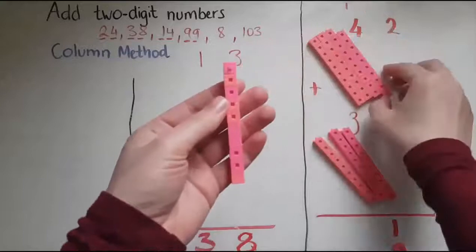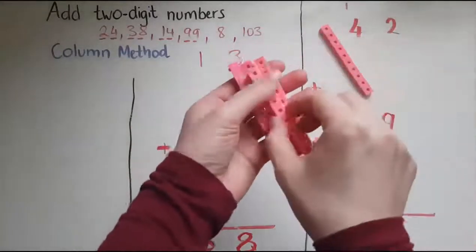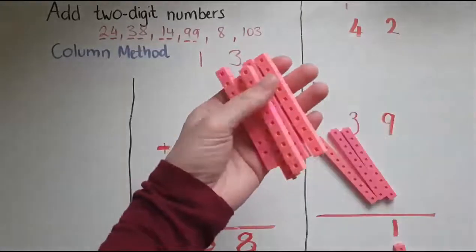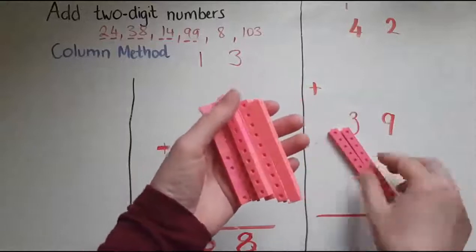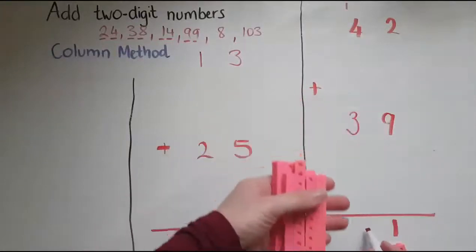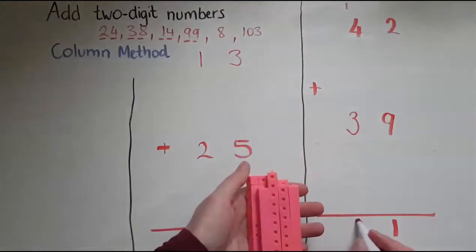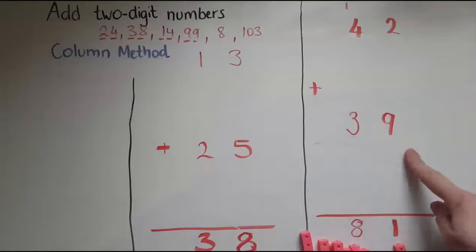I've got 1, 2, 3, 4, 5, 4 and the 1, 5, 6, 7, 8. So this is represented by the 8 here. So all together 42 and 39 makes 81.